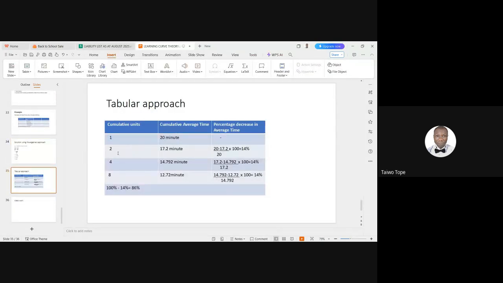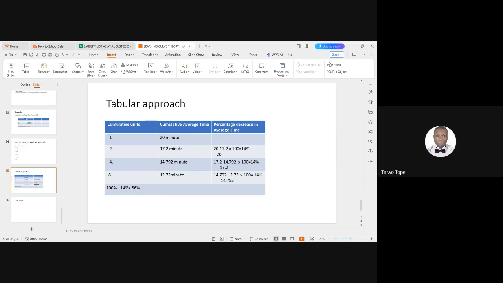So now, can you use your calculator? Let's see something. 86% of 20 minutes will give us what? 17.2.